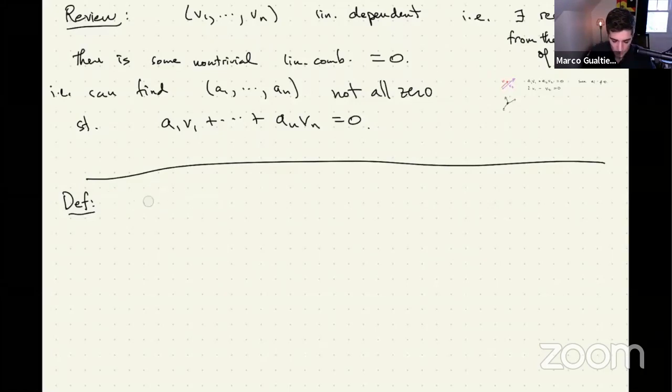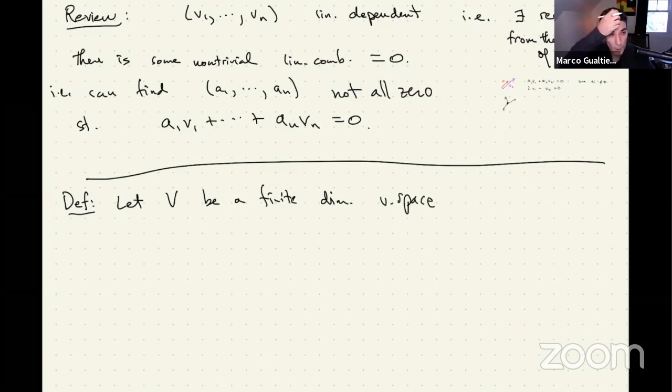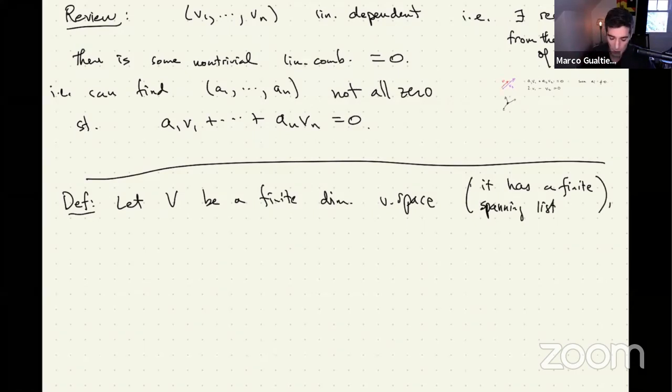Let V be a finite dimensional vector space. We know what that means. That means that it has a finite spanning list, meaning that there is a finite list of vectors in it that span the whole space.